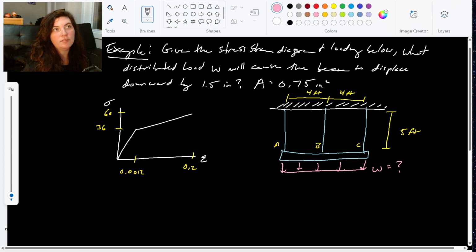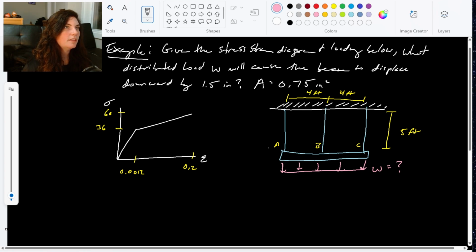And we're told that all of these bars A, B, and C that are hanging down from the ceiling are the same. So same material, they're all 5 feet long, and they have this distributed loading W all across the bottom there. Then we're also given the stress-strain diagram.